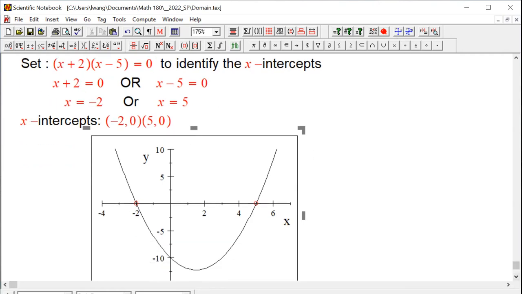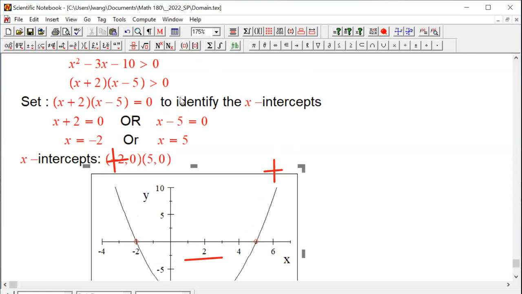The piece that gives us a positive product is this piece and that piece; the other piece is negative. At the two points of the circles, the output is 0, and we don't want the output to be 0. We want the product to be positive, not equal to 0. So that's the input-output concept.